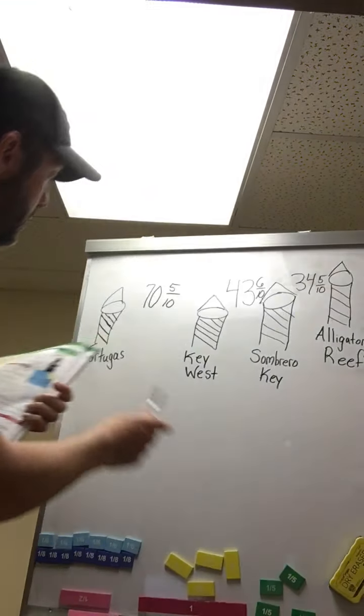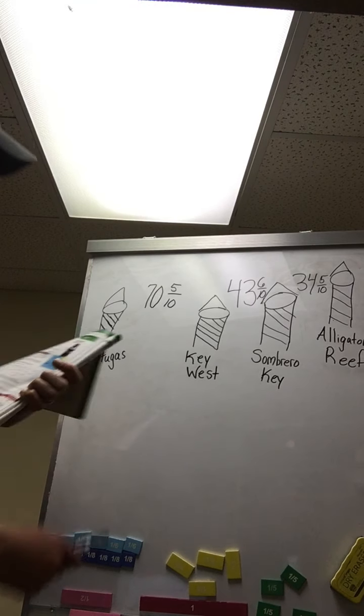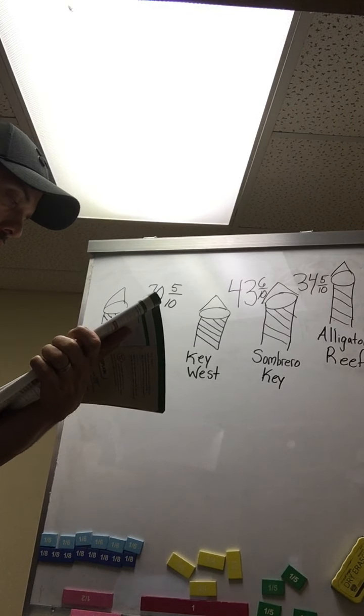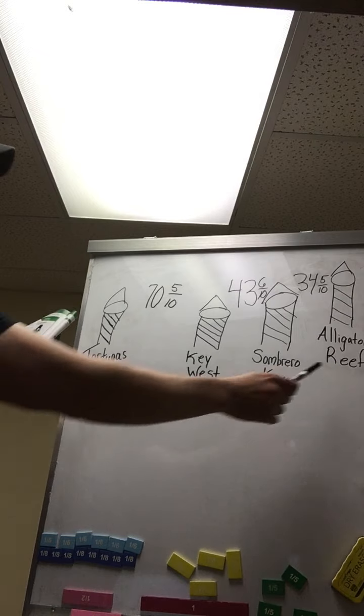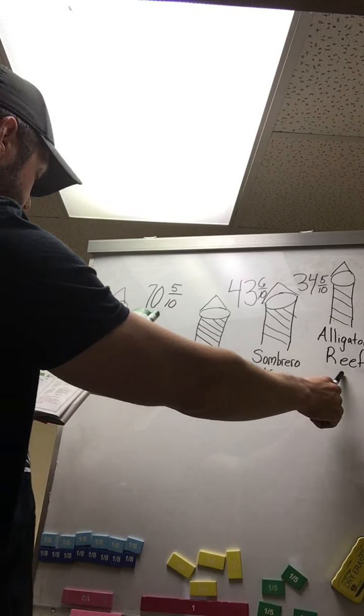It says the map shows 4 lighthouses in the Florida Keys and their distances apart in miles. So you guys can see the mixed numbers there on the map. The Dry Tortugas lighthouse, which I did right here, is the farthest west. And then the Alligator Reef lighthouse is the farthest east.